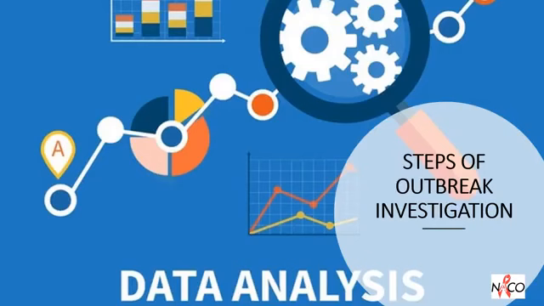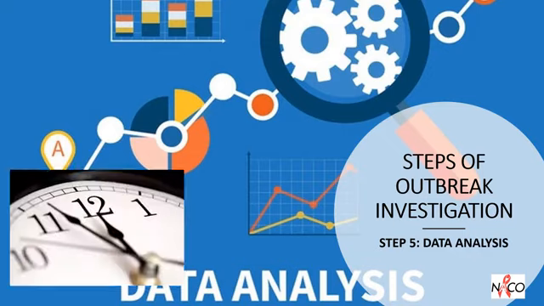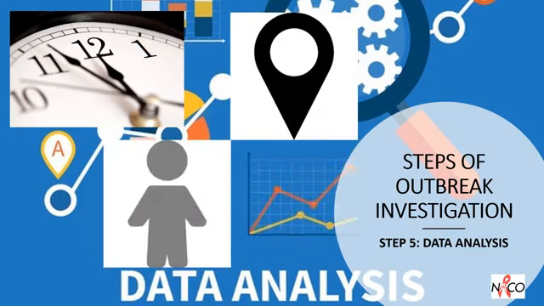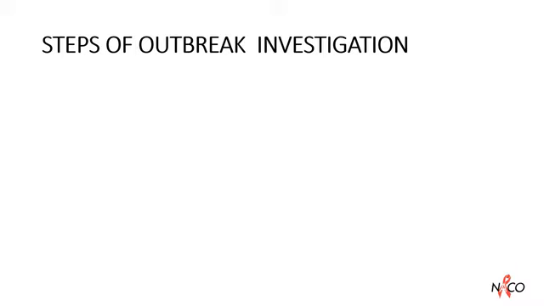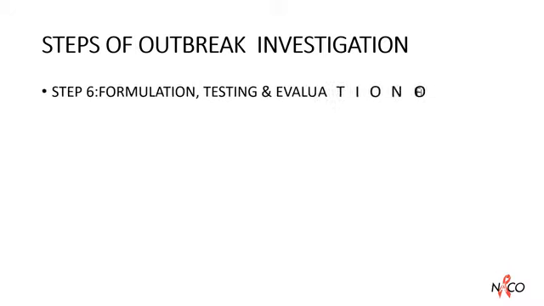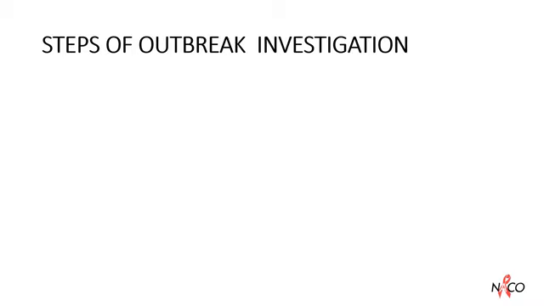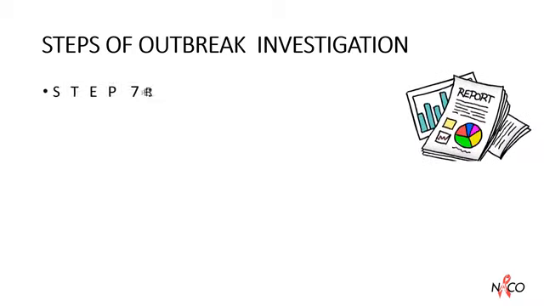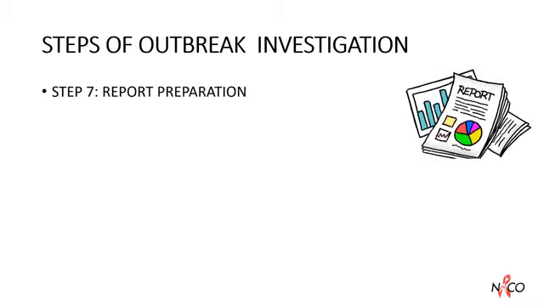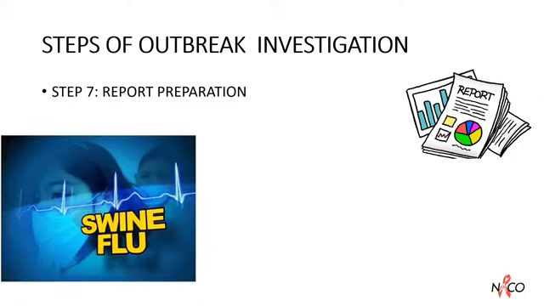Step 5: Data analysis using classical epidemiological parameters like time, place, and person. Step 6: Formulation, testing, and evaluation of hypotheses to prevent further transmission. And finally, step 7: Report preparation, which should be complete and convincing.